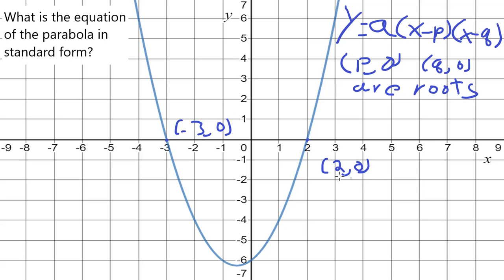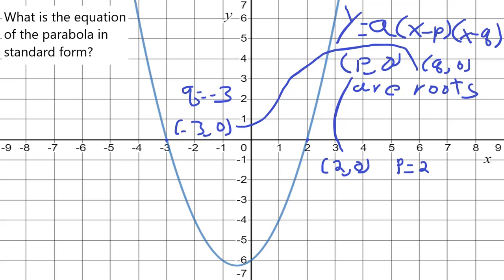If I'm just going to match these up with p and q, then (2, 0) is one of these, it's going to correspond here. It could be here, but let's just leave it like that. So this will give me p equals 2. And then let's also match this one right here, which will tell me q is equal to negative 3.